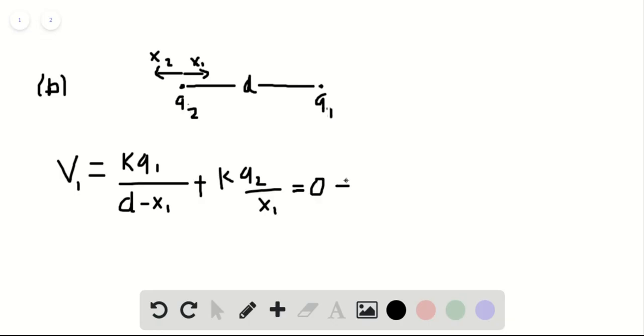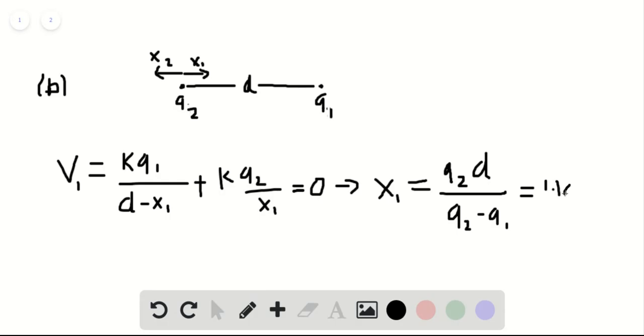Okay, so solving for x1, of course, the K's are going to cancel. We find that x1 is equal to Q2 times the distance d divided by Q2 minus Q1. Plugging those values into this expression, we find that this is equal to 1.1 centimeters. And we can box that in as our first solution, where it's 0.